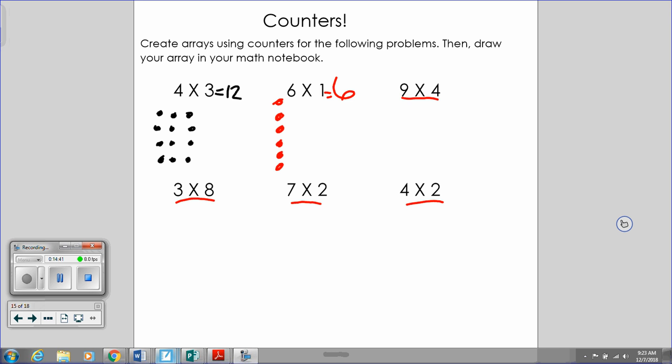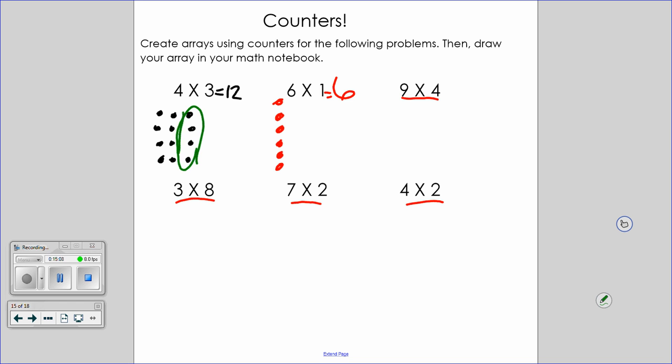You learned when we did our rotations last week, when your eyes are on me, you're not writing, you're not playing with counters. That multiplication has to have equal groups. You cannot have groups where somebody has 2 cookies and somebody else has 5 cookies. They have to be equal. Look at our arrays. Every single one of our groups, if I went back and circled it, you would see they all have the same number inside.